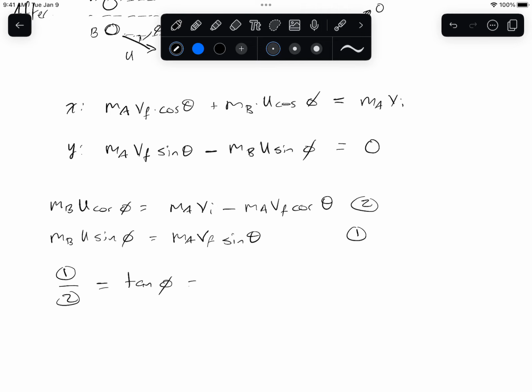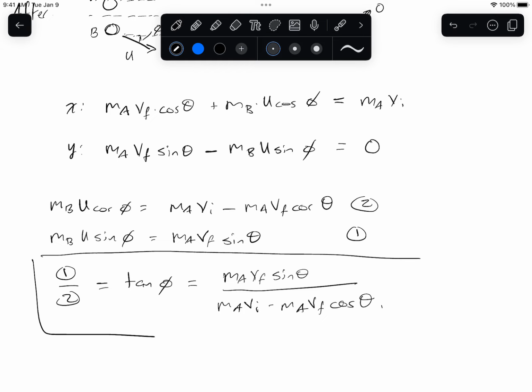So tan of phi is equal to m_A v_Af sine theta divided by (m_A v_Ai minus m_A v_Af cos theta). And so this is my solution for the angle phi.